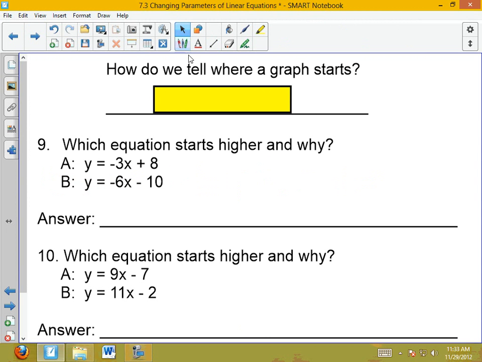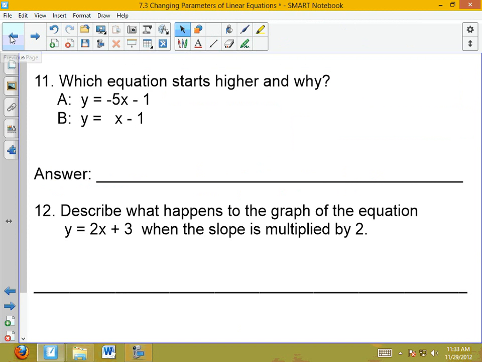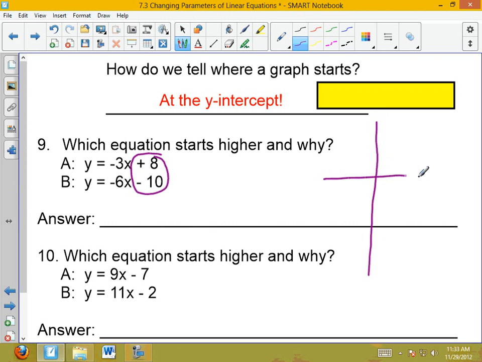Now, how do we tell where a graph starts? Well, it starts at the y-intercept. All I'm doing right now is looking at just the y-intercept. So I'm going to write my y-axis. Here's my x-axis. 1, 2, 3, 4, 5, 6, 7, 8. 8 starts right here. 1, 2, 3, 4, 5, 6, 7, 8, 9, 10.